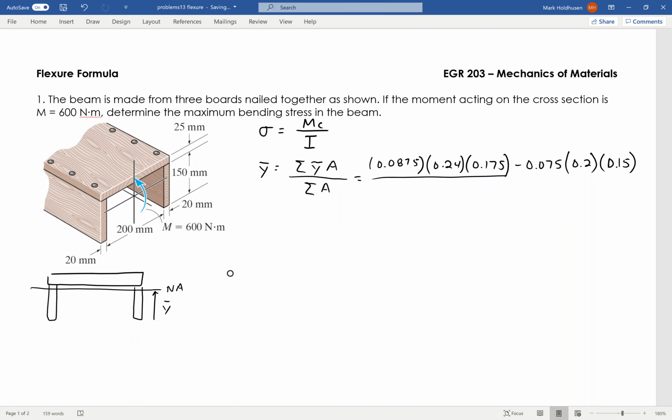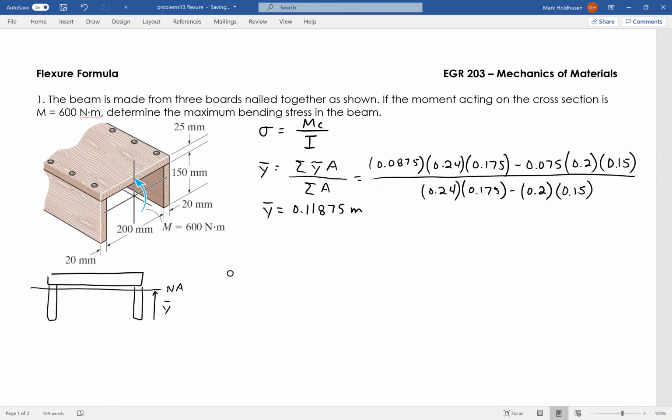Then I divide that by the total area, which is the outer minus the inner, so that's going to be the 0.24 times 0.175 minus the 0.2 times the, bear with me a second, 0.15. From that I find that the centroid of this guy is at 118 millimeters, or 0.11875 meters. So that's where the neutral axis is located from the bottom.